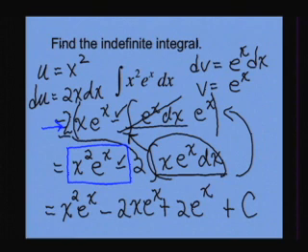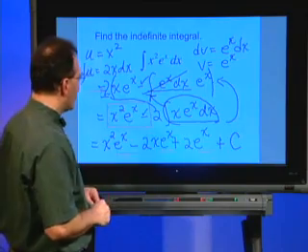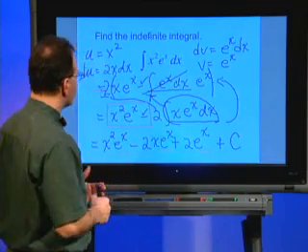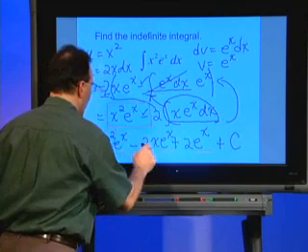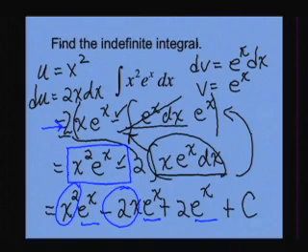The last thing I want to do for you here is point out that each one of these terms has an e to the x in them. And if I factor out that e to the x, then I will be left with a quadratic, which is what I want to show you.